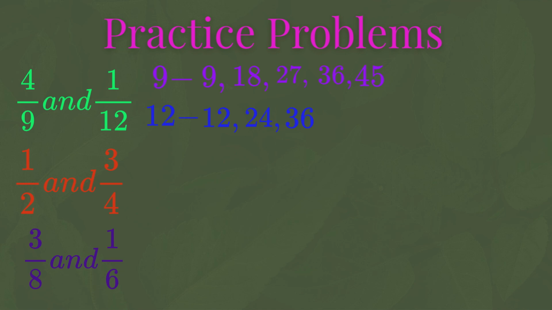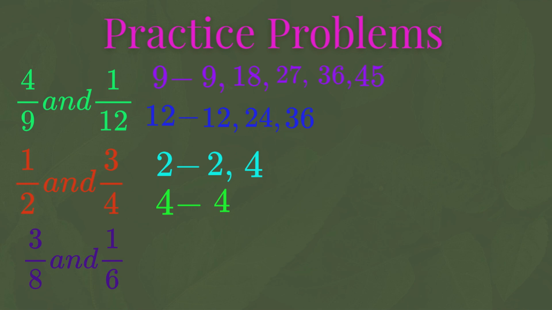As I write down my multiples of 2, I have 2 and 4, and I can stop right there because as I list my multiples of 4, the first multiple of 4 is 4. So the least common denominator for 2 and 4 is 4.